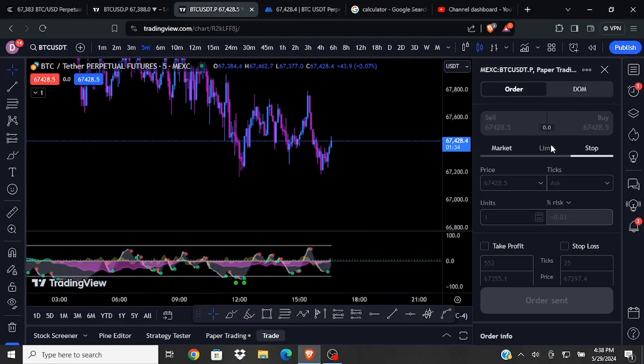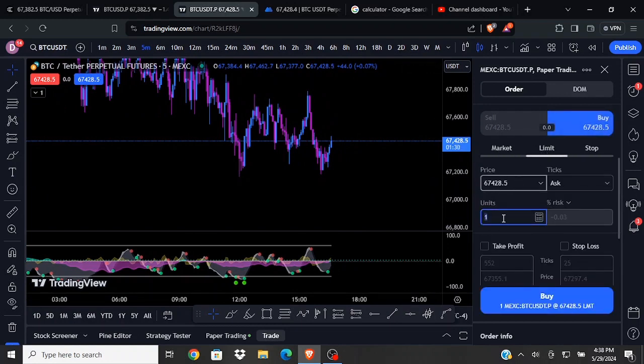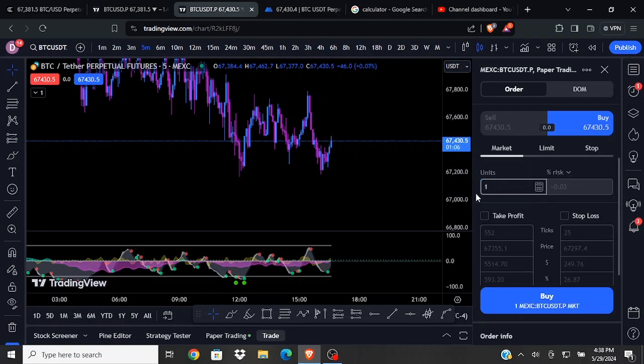Okay, so now that we went over all that, I also kind of went over how these work. Again, this is your position size in units of whatever asset you're trading. If I'm trading Ethereum, then this unit will be in Ethereum. So 1 unit will be 1 Ethereum. We know that with limit orders and with stop orders, you need to have the price that you want to place your order at. And with market orders, it will just trigger immediately.